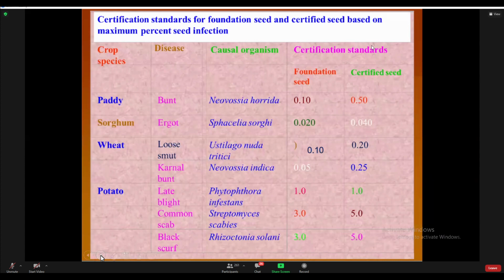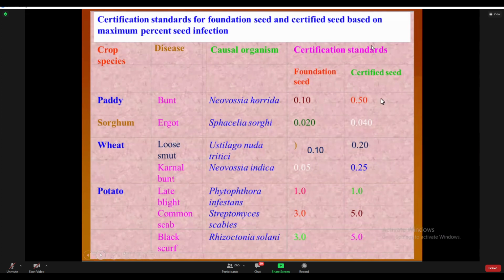And the offspring of breeder seed during the multiplication process, foundation seed. And this multiplication continues.